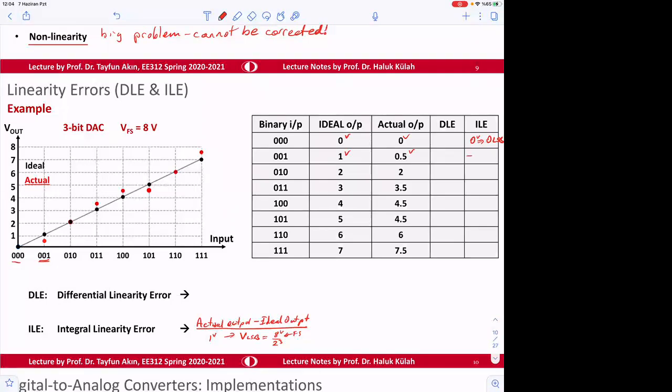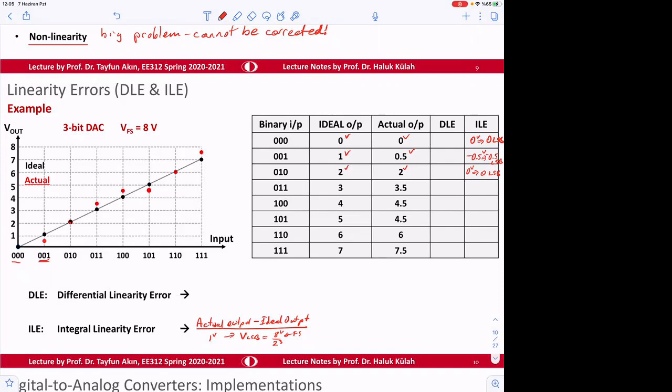This is going to be minus 0.5 volts, which is minus 0.5 LSB. I guess you understand it now. Here it's supposed to be 2 volts, and it is 2 volts. So the mistake is 0 volt, which means the mistake is 0 LSB.